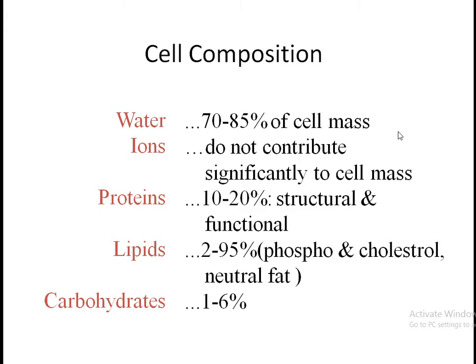In addition to phospholipids and cholesterol, some cells contain large quantities of triglycerides, also called neutral fat, while in the fat cells, triglycerides often account for as much as 95% of the cell mass. The fat stored in these cells represents the body's main storehouse of energy-giving nutrients.